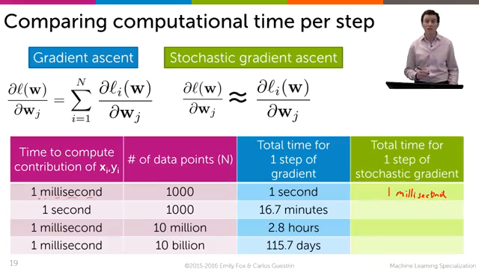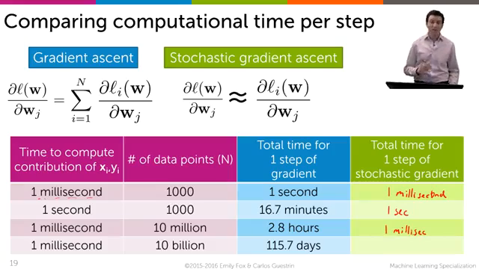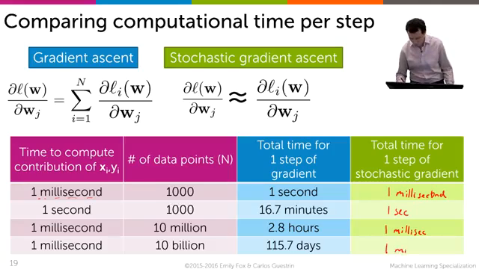If it takes 1 second to compute the contribution on a data point, it's going to take you 1 second per update. If it goes back to 1 millisecond, but you have 10 million data points, it's still going to cost you 1 millisecond per update. If it takes 1 millisecond to compute the contribution of a data point, but you have 10 billion data points, it's still going to take you 1 millisecond to make an update.